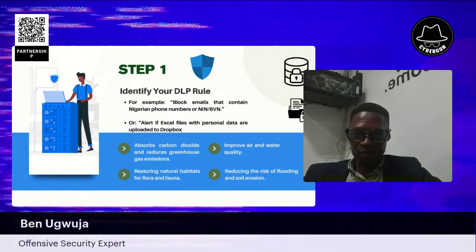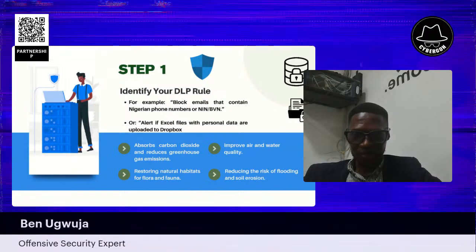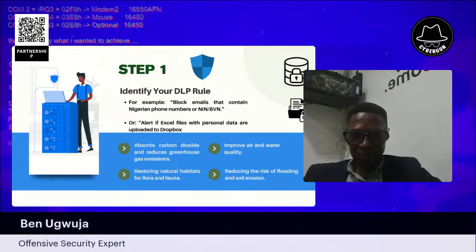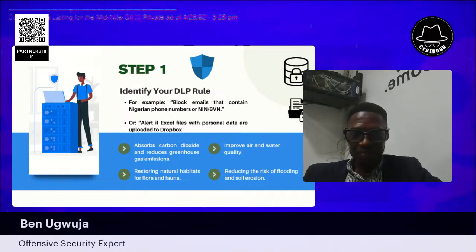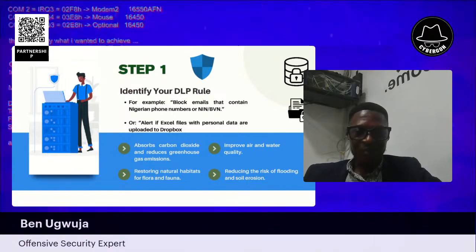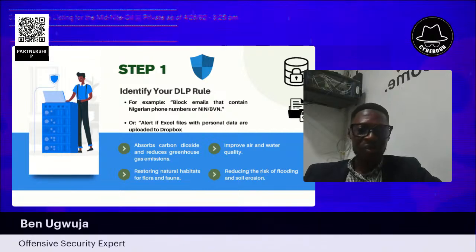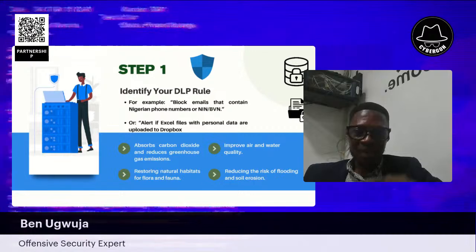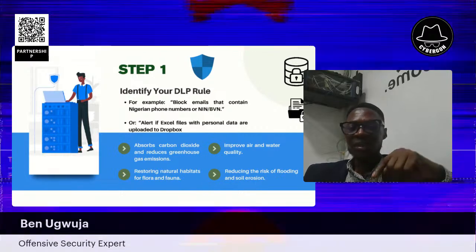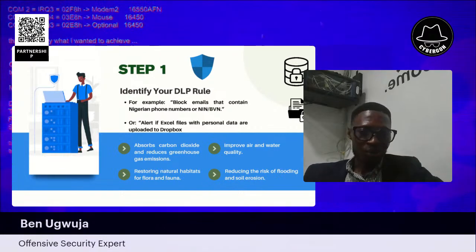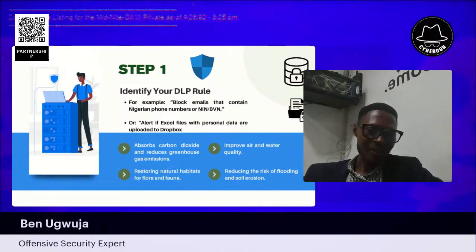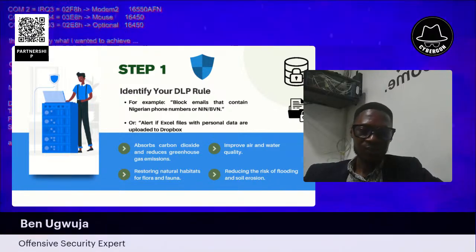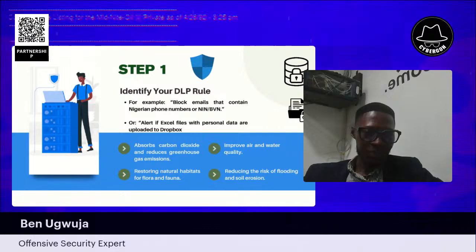Okay, so you'll be able to detect. Now, for example, you can say block emails that contain Nigerian BVN or NIN. What it means is that if anyone within that organization emails NIN or BVN, the system blocks that email and alerts the administrator. You see that?